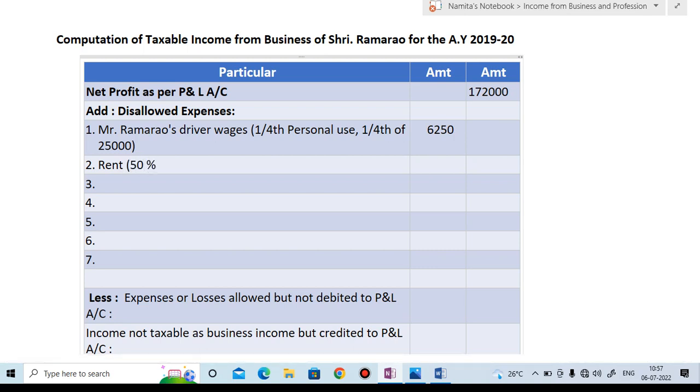Half means 50% for residence, which Ram Rao was using for his own residence. That means 50% on 2,92,000, which is 1,46,000. So 1,46,000 is used for own residence, hence it is called disallowed expenses.